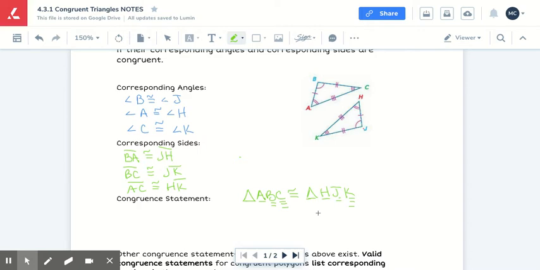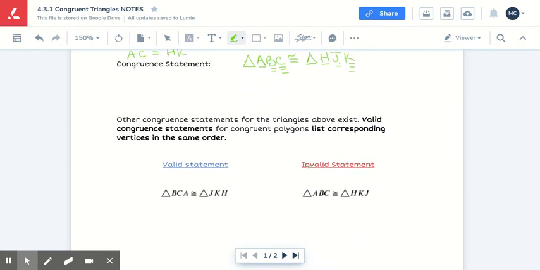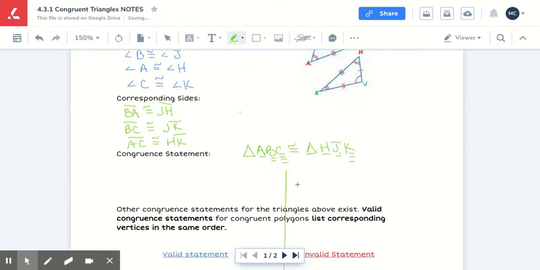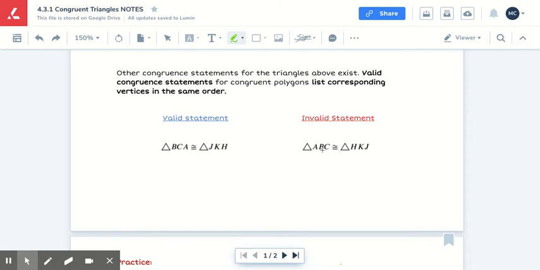So if you do write a congruent statement for two triangles and you don't have these corresponding angles matched up, that would be what we would call an invalid congruent statement. Even though the two triangles themselves are congruent, the two statements don't match up if the vertices are not in the right order. So we have an alternate valid congruent statement here on the left, and we have an invalid statement here on the right. I'm going to let you examine that one by yourself.